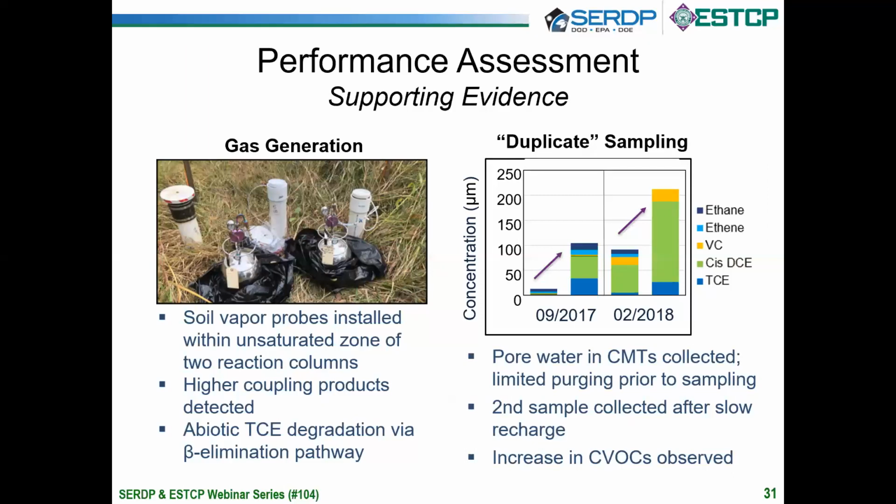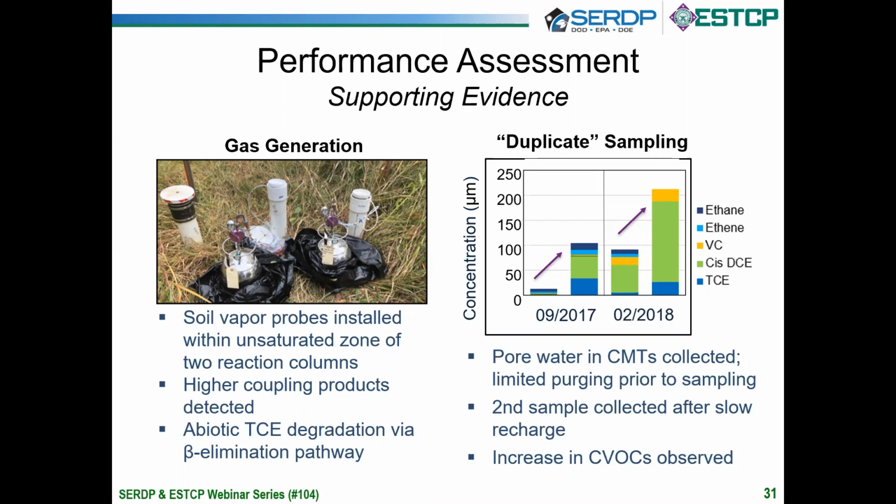And what we tend to see time and time again is a smaller concentration during the first sampling, and then when we sample a duplicate almost immediately after, the concentrations generally get higher. So if you can imagine, we're removing water from the reaction column, and then water from the formation or from these low K zones is moving in, which would have a higher concentration of CVOCs.